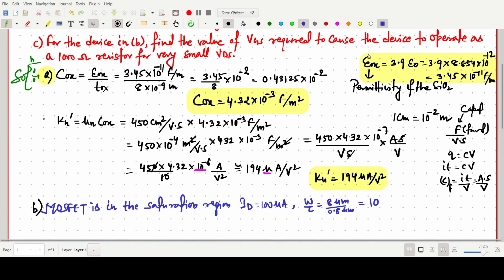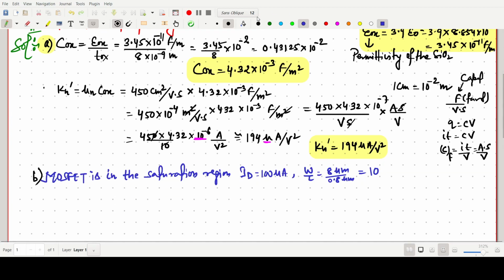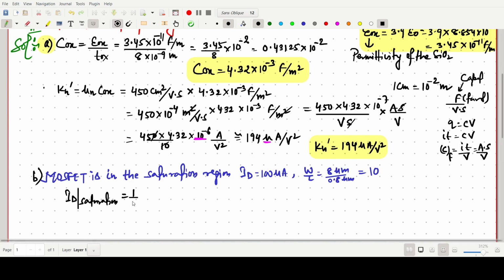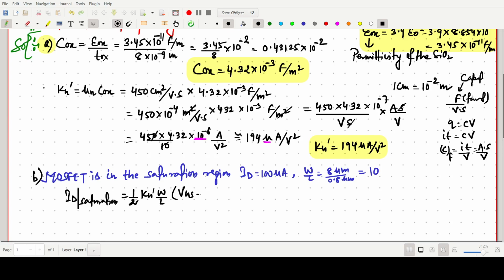So what we have to do, first of all we have to write the drain current equation in the saturation region. ID in the saturation region should be written as 1 by 2 K and S into W by L, VGS minus VT whole square.